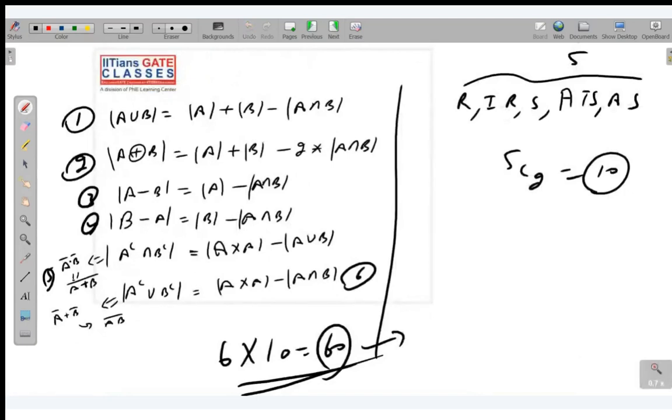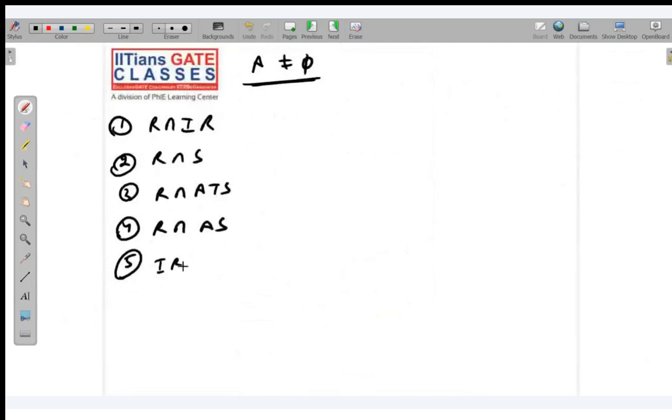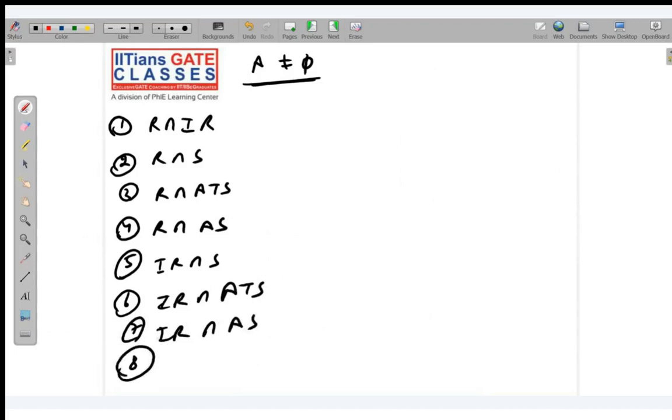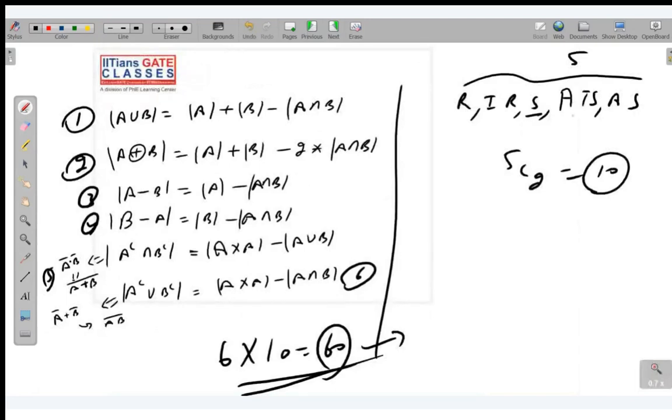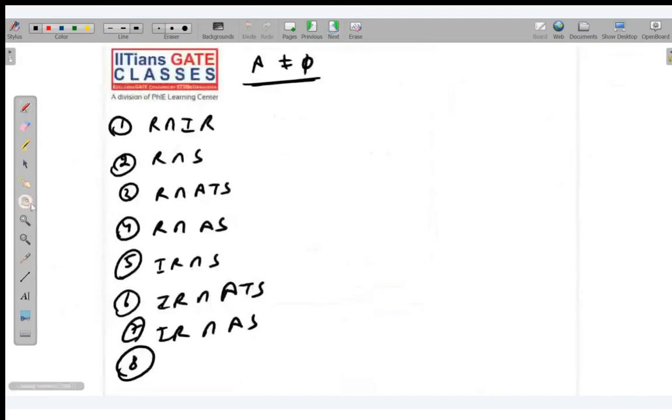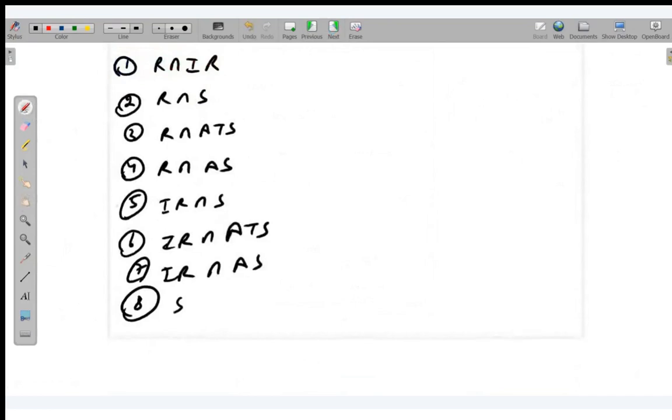Then irreflexive will start. Irreflexive with everyone. So irreflexive with symmetric. Irreflexive with antisymmetric. Irreflexive with asymmetric. Irreflexive is over. Yes. So now we'll start symmetric. Symmetric intersection antisymmetric, and symmetric intersection asymmetric.